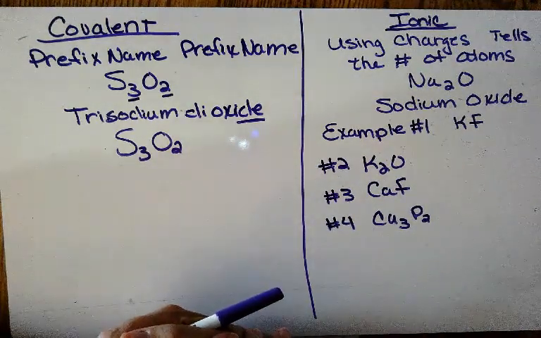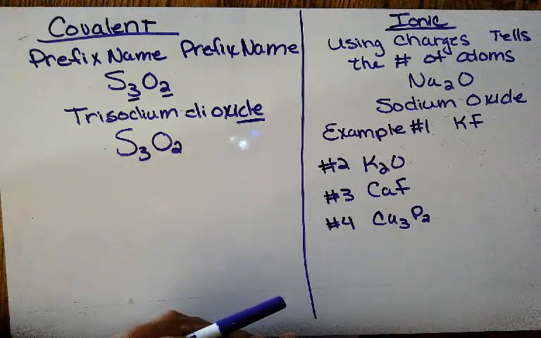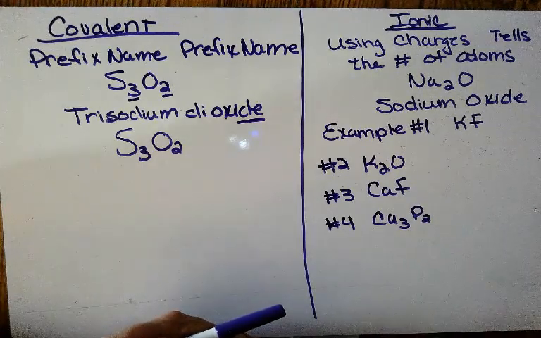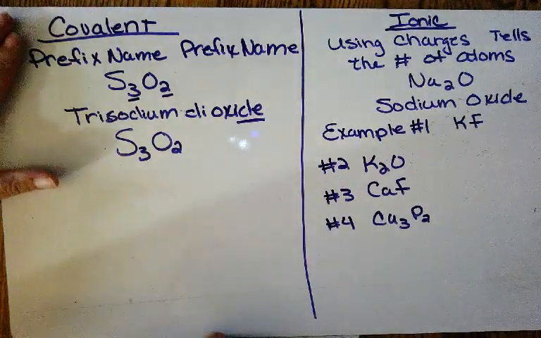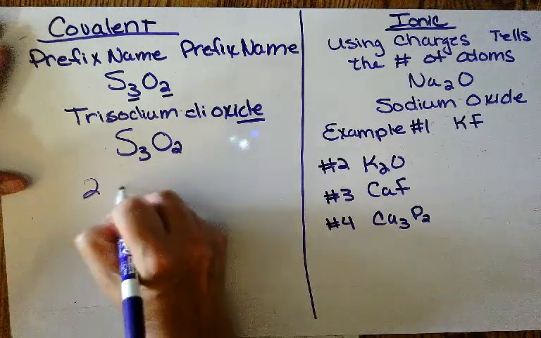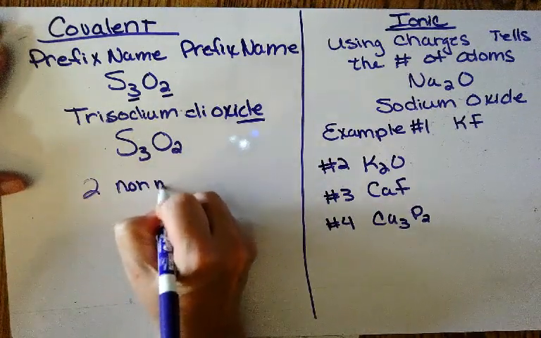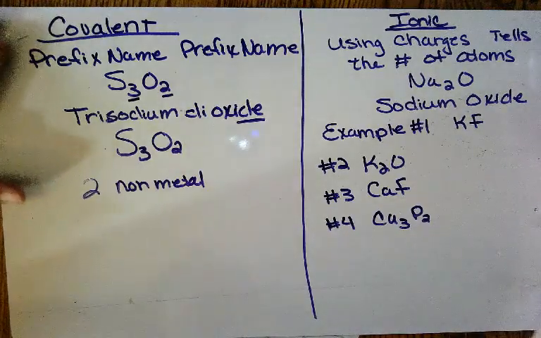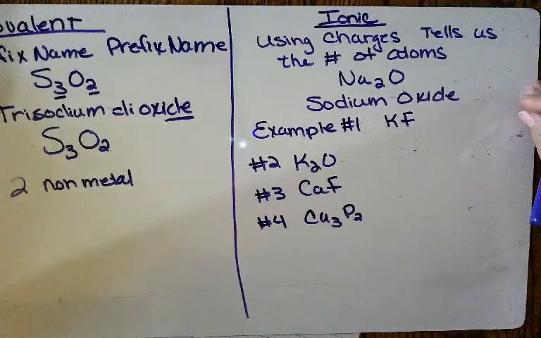Now we're going to learn how to name ionic compounds. Because we know the charges of our ionic compounds, we do not need to use prefixes for the number of atoms. In covalent, we use prefixes. If you see prefixes, you know it's covalent, 2 nonmetals. And ionics do not use those prefixes.